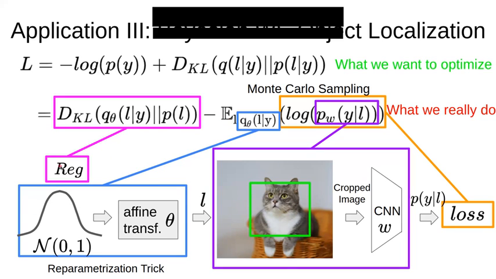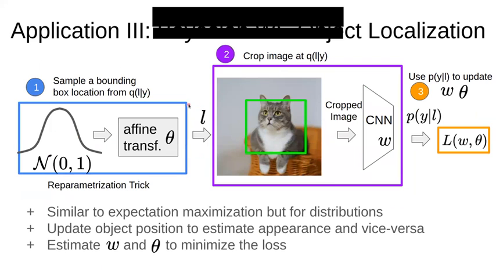And then we'll have a second term, that is the regularization, that will tell us that the estimated location of the object should be similar to the prior that is predefined in Gaussian. So to be more detailed, and then I'm finished, we'll have three phases for this approach.